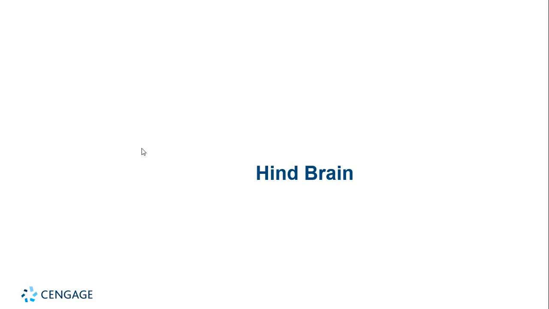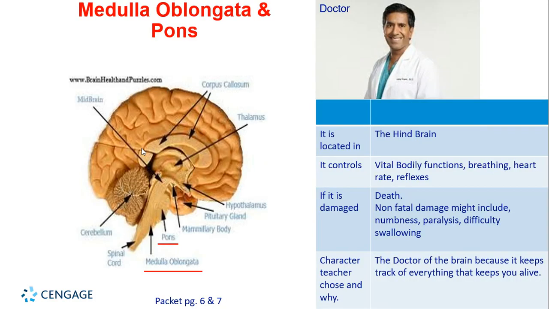Now, let me start here with the hindbrain. Okay. In the hindbrain, you have your medulla, and your medulla here is your brainstem. It's the lower portion of your brainstem before you get to the spinal cord. Without your medulla, you would die. It is your medulla that keeps you alive.